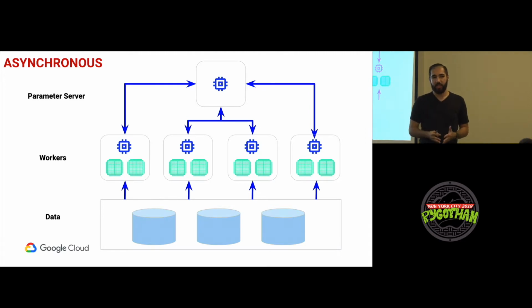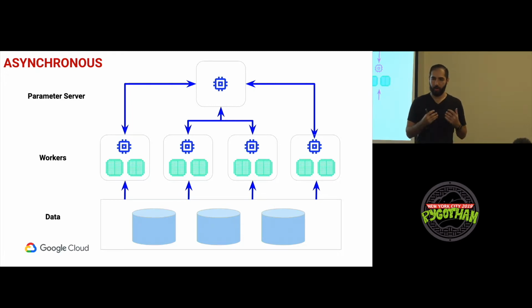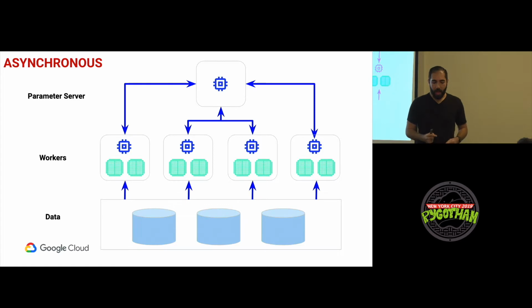The way that this works is that each one of your workers is going to be processing data. Once it finishes, it pushes the updated weights to what we call a parameter server, and then pulls down the weights, which have updates from the other workers. So the idea here is that each worker can just process as fast as possible. Once it's done, it'll push to the parameter server and pull down.